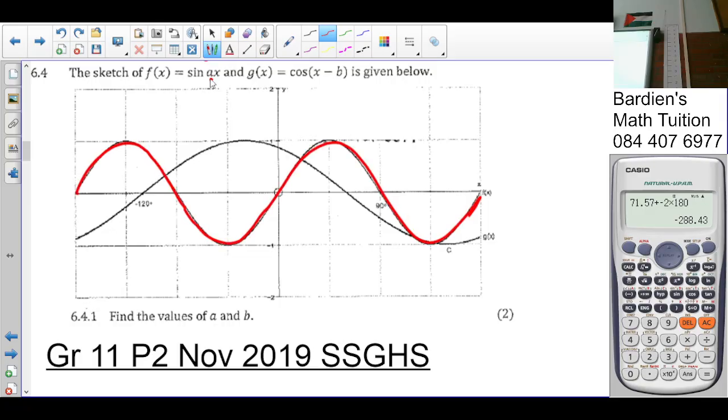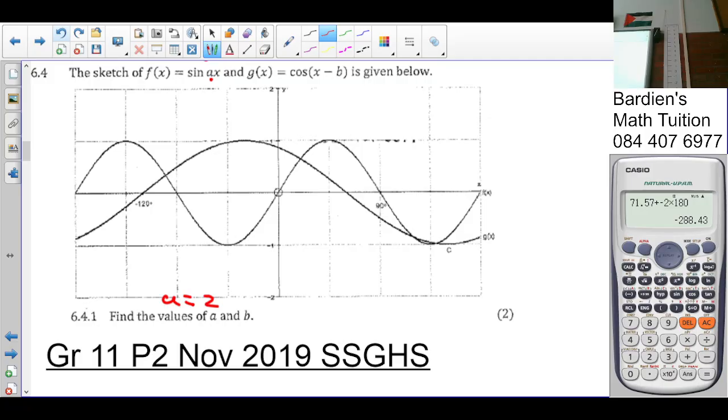The period of the sine graph is normally 360. What's the period of this sine graph? From 0 to 180. Okay? So which means to say your A value is 2. Which means the period must be divided by 2.